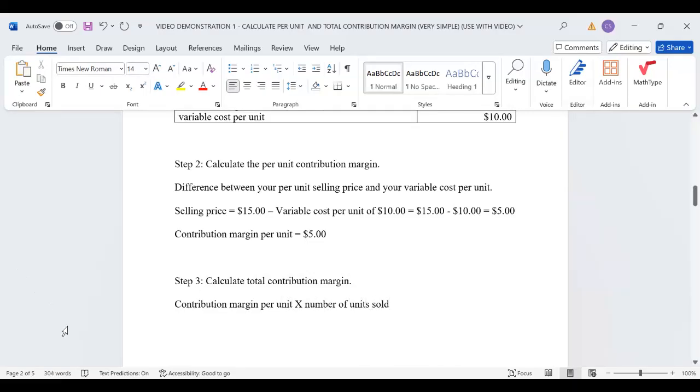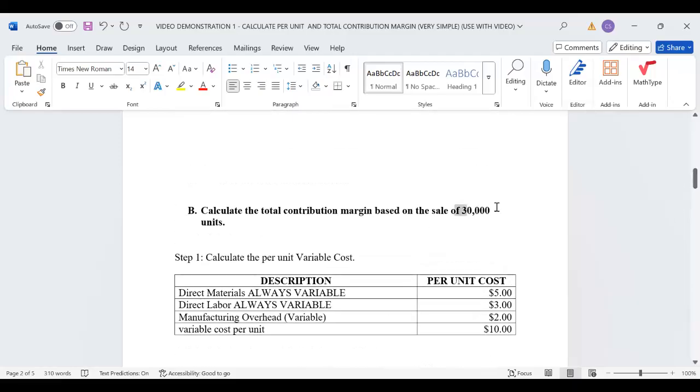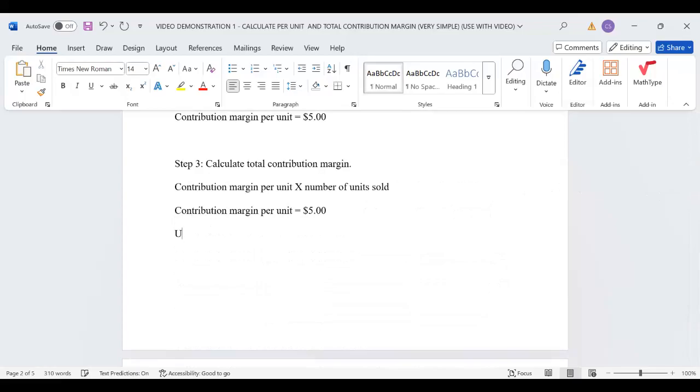So in this case, our contribution margin per unit equals $5, and our units sold is 30,000 units. So it's $5 times 30,000 units equals $150,000 worth of total contribution margin.